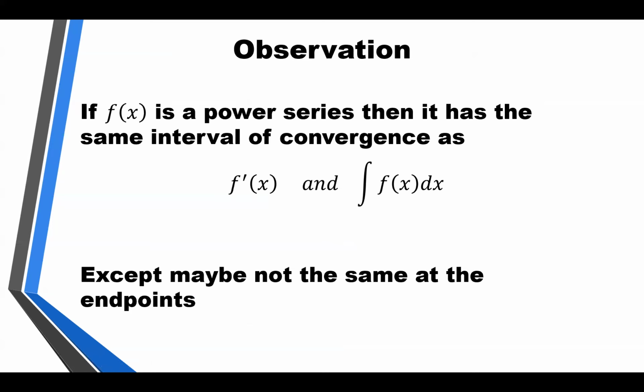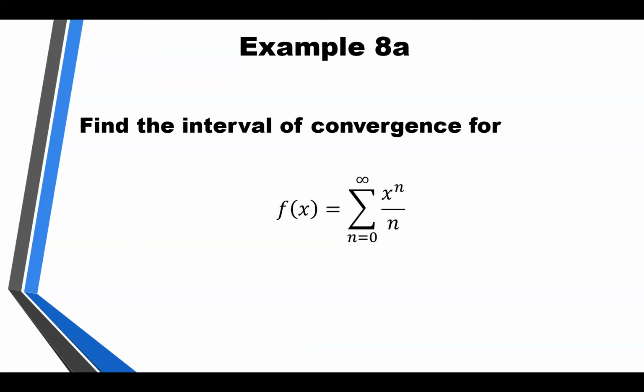So if the function is a power series, then it has the same interval of convergence as f prime and the antiderivative of f. Again, except maybe the endpoints could be different. Not different numbers, but convergence at the endpoints might be different. Let's take a look at this one.